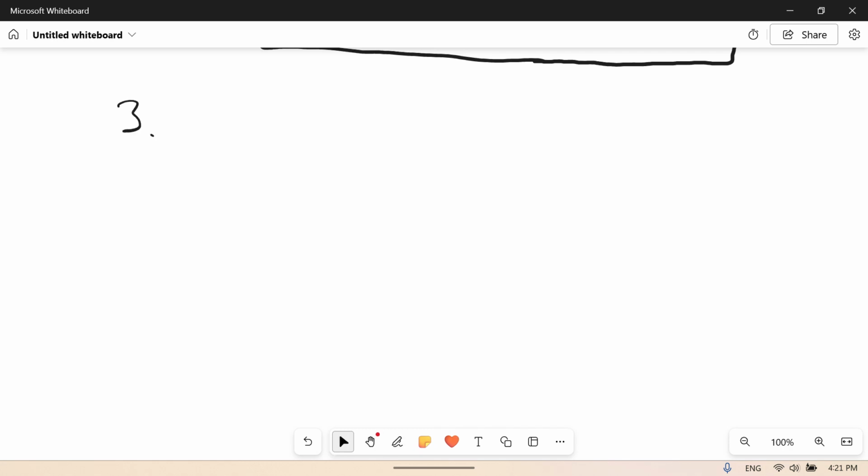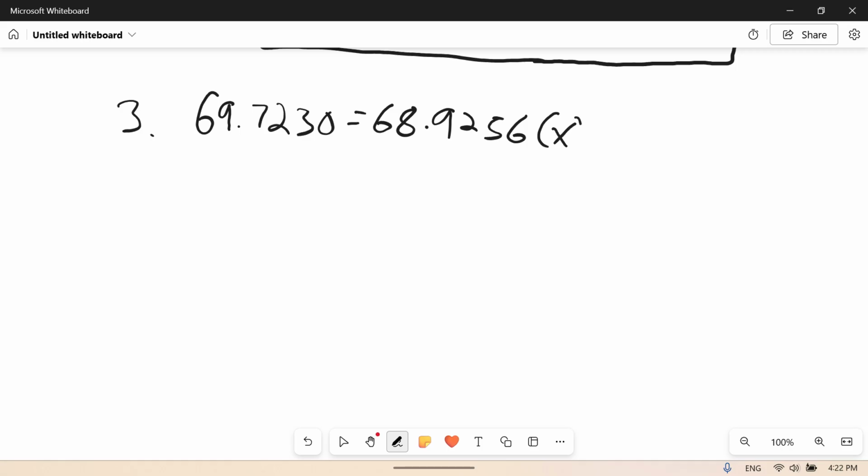Okay, so again, we're doing the reverse calculation, trying to get the relative abundance. We'll have to use the unknowns. So 69.723 equals 68.9256 times our unknown x plus 70.9247 times 1 minus x.